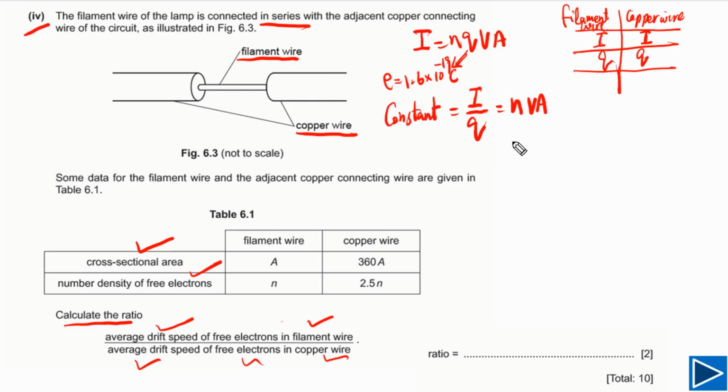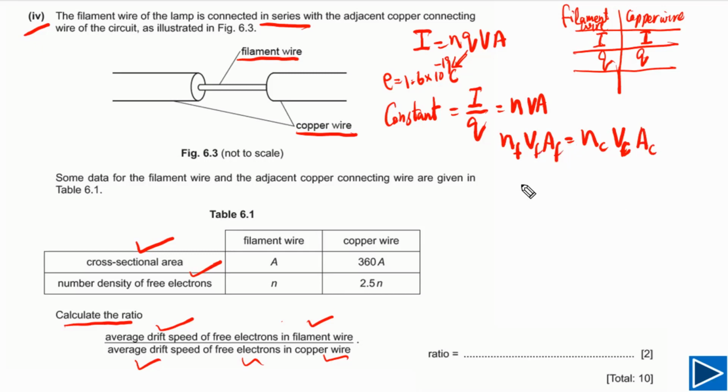So we can write the number density of the filament wire and the drift speed of free electrons in the filament wire times its cross-sectional area, equal to the number density of free electrons in the copper wire times the average drift speed of free electrons in the copper wire, times the cross-sectional area of the copper wire.